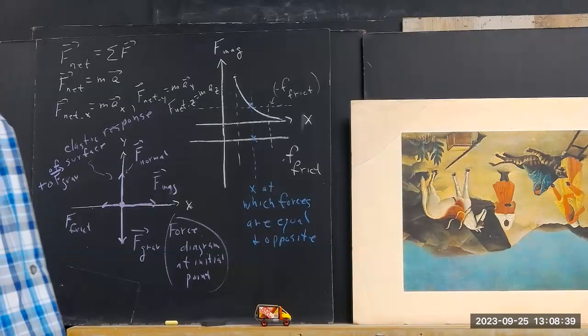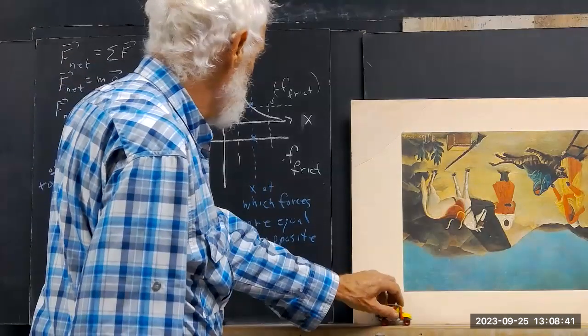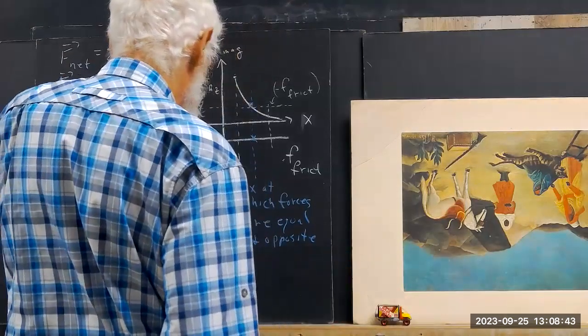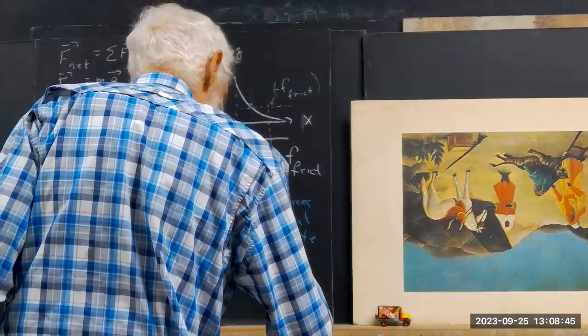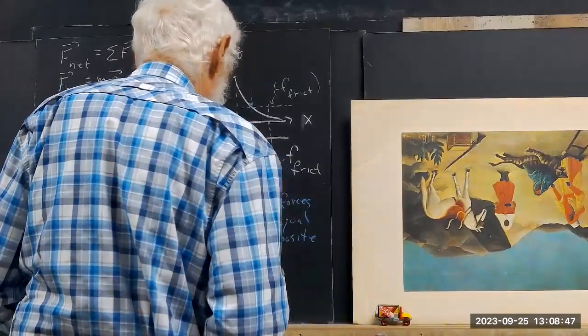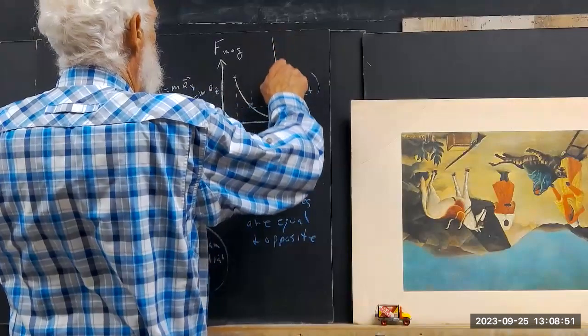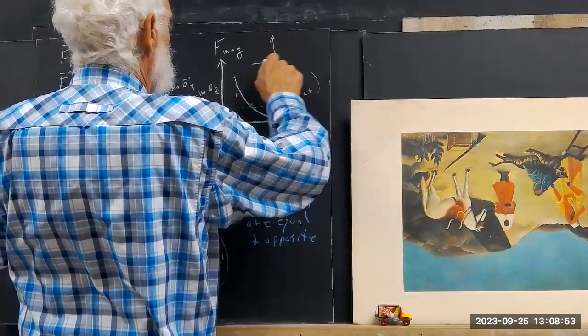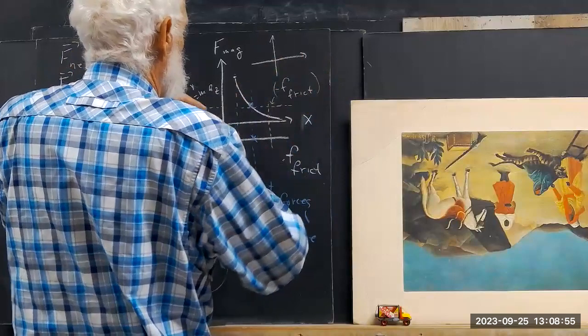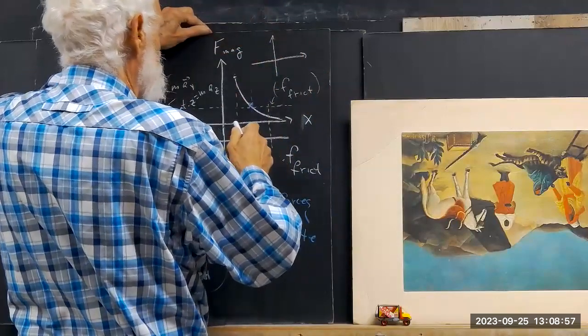Okay, I think we got pretty good graphs. For the second point here, and my axis is already tilted, pretend that they're horizontal and vertical.